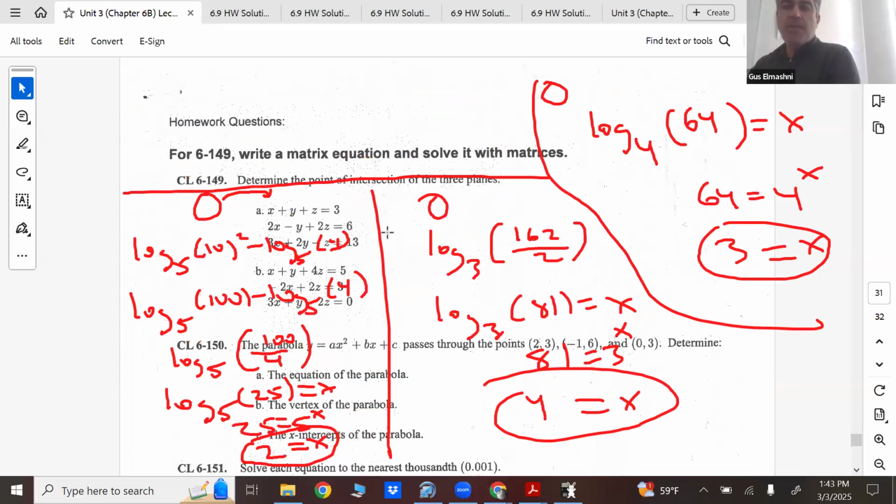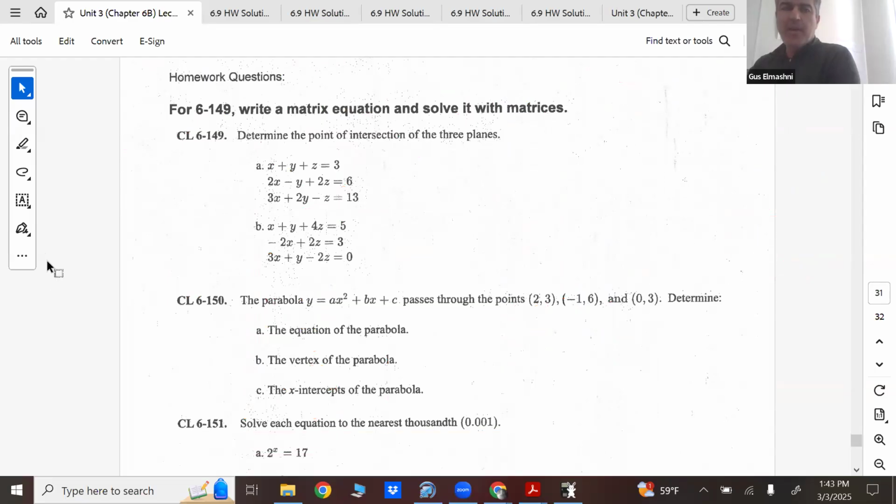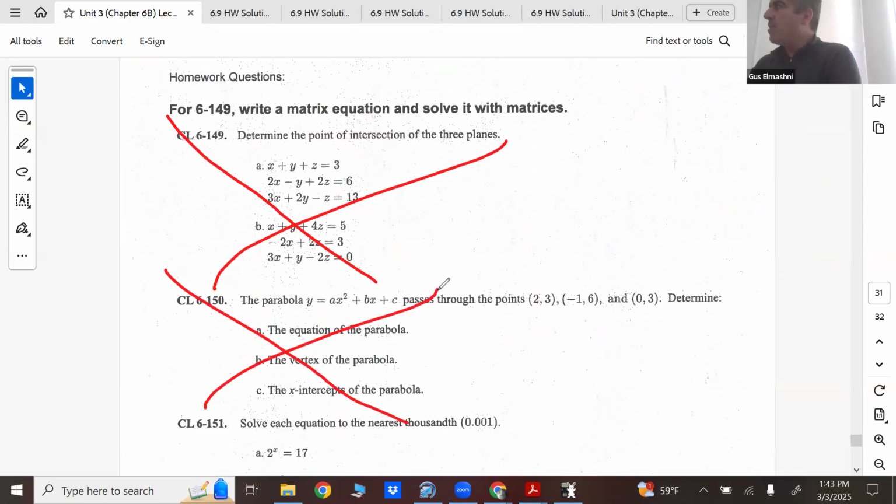Guys, cross stuff off your worksheets. There's certain problems I don't want you guys doing and worrying about. So cross this off. Cross off 149 and 150, because I'm not going to ask it on the test. On the homework that follows in the packet, cross them off.